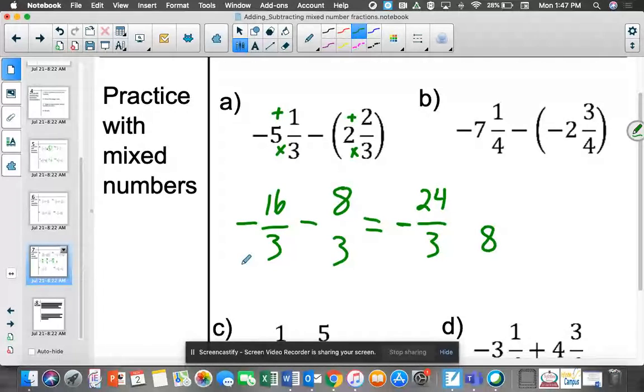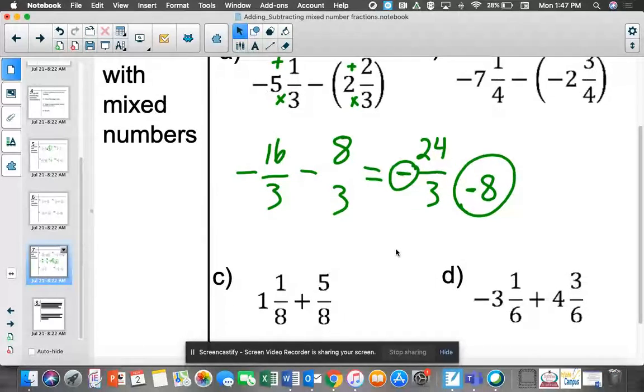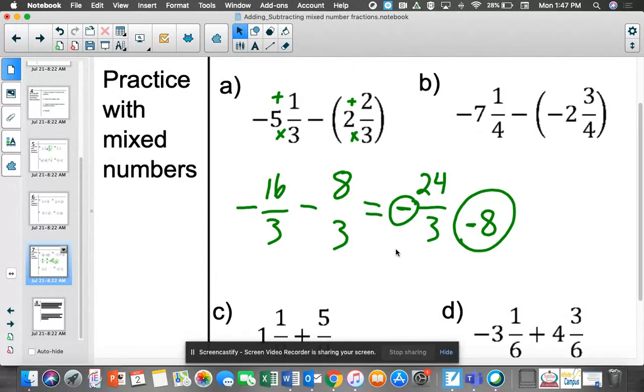It's actually even, so 24 divided by 3 is 8, or 3 times 8 is 24. So that means I have nothing left over except the negative. So my answer is negative 8. Next, you will do B, negative 7 1/4 minus negative 2 3/4.